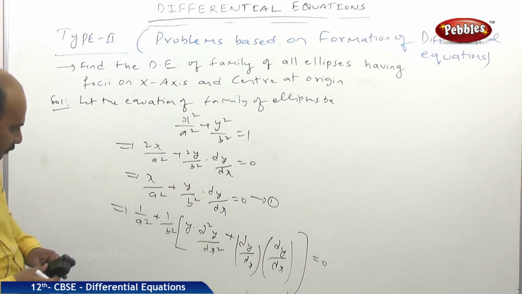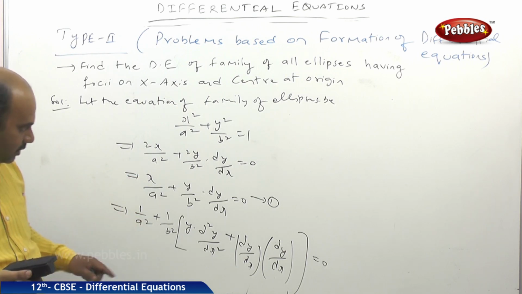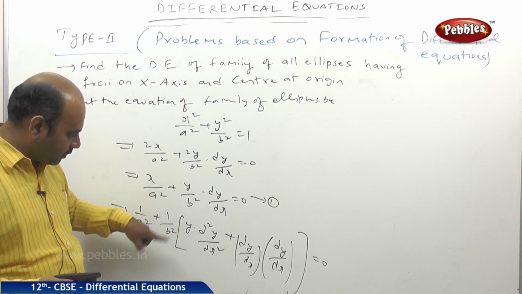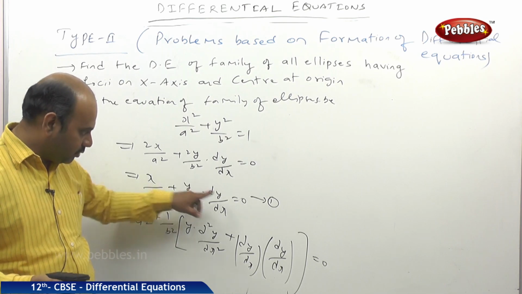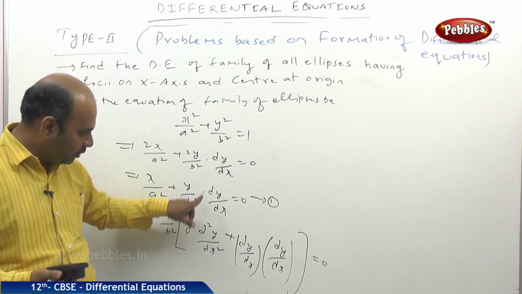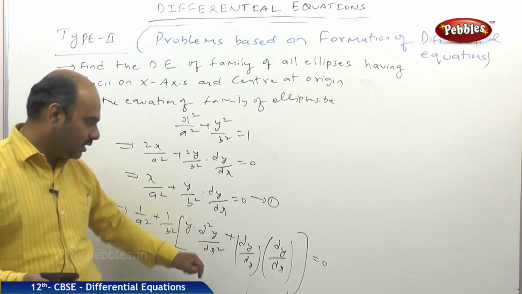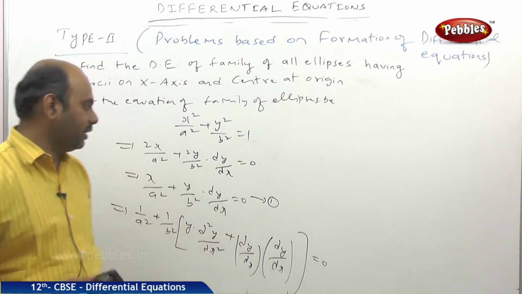If you observe carefully, derivative of x is 1, so 1 by a square plus 1 by b square, because 1 by b square is a constant, so I made it outside. So y into dy by dx, I am applying the UV rule. So y into derivative of dy by dx means d square y by dx square plus dy by dx into derivative of y means dy by dx.